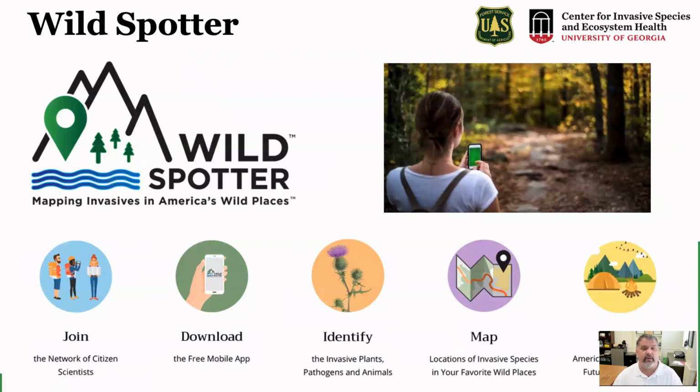We worked again with the Forest Service, but at the National Forest level, to build a citizen science platform for reporting invasive species, kind of focused at the forest level. So you're mapping invasives in your favorite places, the public lands that you enjoy, with a different audience in mind than the traditional EDDMapS.